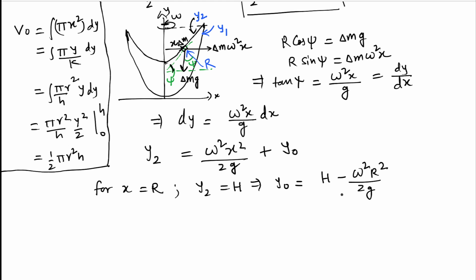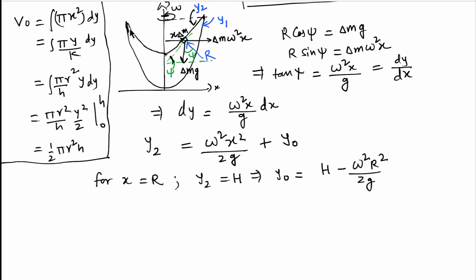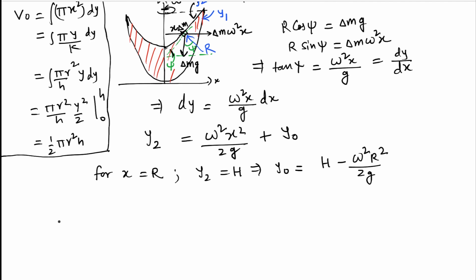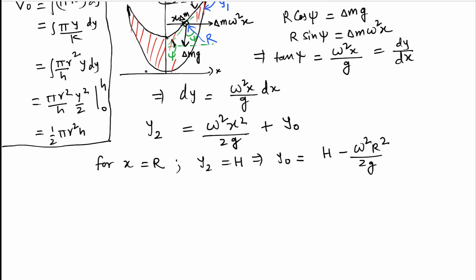Now all we need to do is to compute this volume and equate it with the initial volume that we had computed, because the volume is not going to change, right? So what is the volume here for this particular section? We can again take a small strip here at a distance, let's say x, and this is delta x, and this length is y2 minus y1.